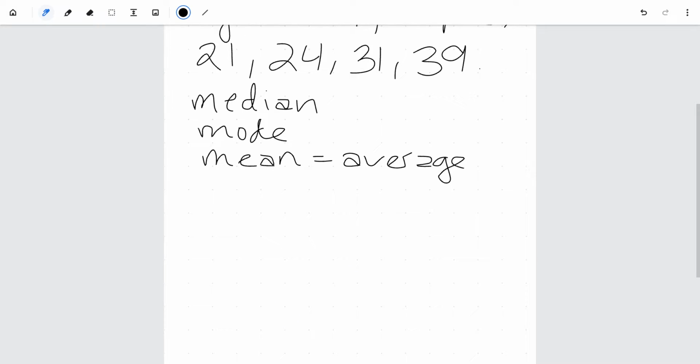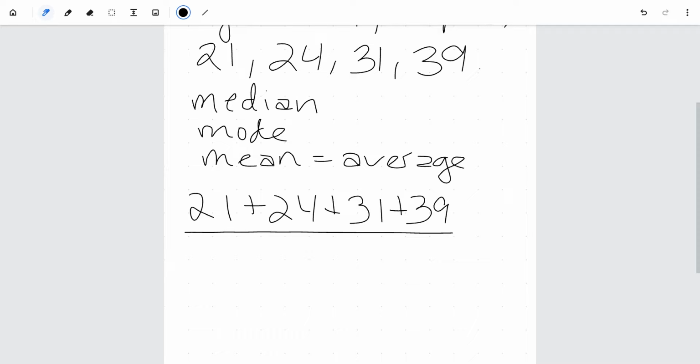So we have 21 plus 24 plus 31 plus 39. And then there's 4 people, so we simply divide that by 4, and this is equal to 28.75.